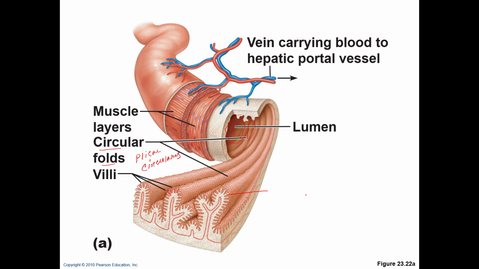And then, so if this is one villus, finger-like. On the villi, you have many hair-like structures. So this is villus singular, villi plural, and on a villus you have many microvilli.